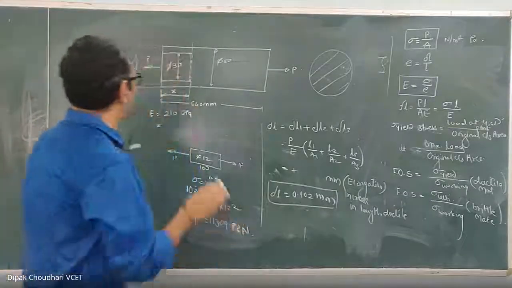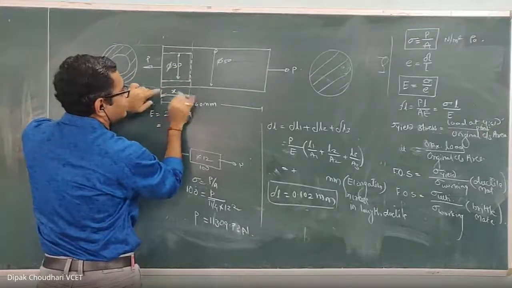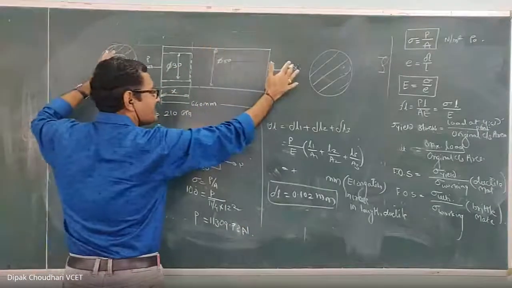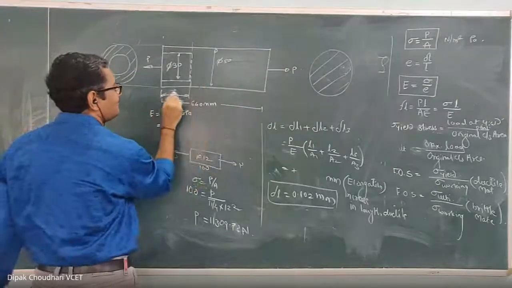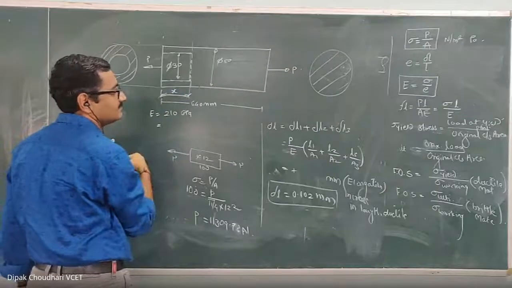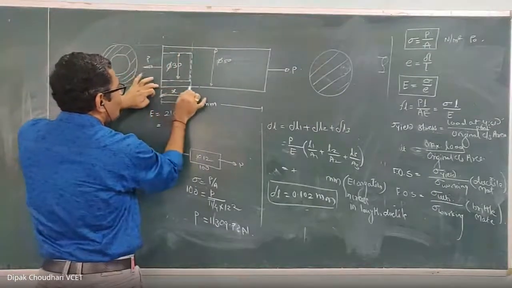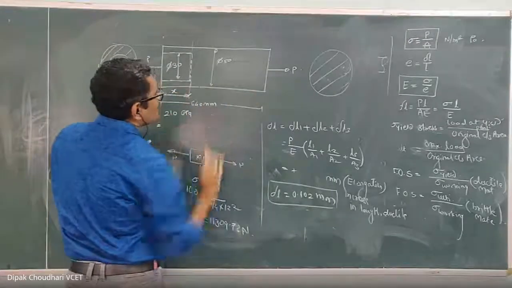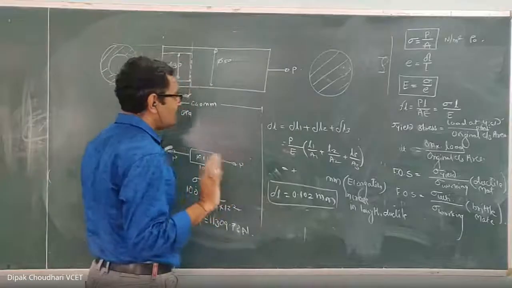Calculate the length of the hole. Here you have to calculate the length of the hole, which is shown as x. For any axial load, whatever axial load you apply, we have to find this x such that the deformation of this hollow part should be equal to the deformation of this solid part.